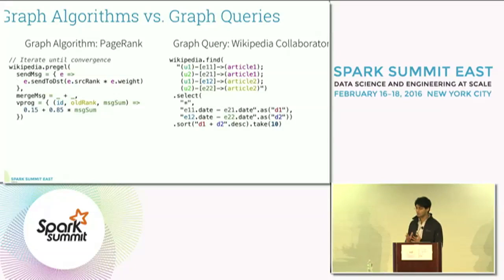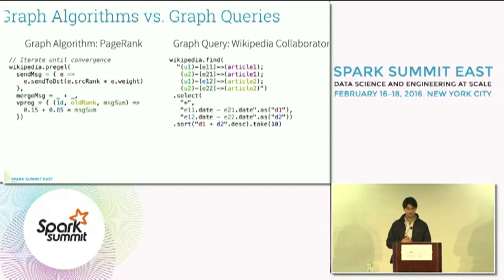In contrast, a graph query is more declarative. And this is the API that the GraphFrames system that I'll be introducing provides. So here, there's this Wikipedia graph that I mentioned, and then all we do is express that graph pattern as a string in this Cypher-like query language.